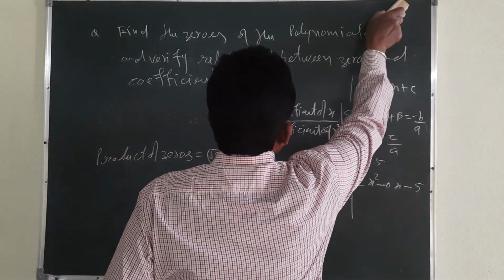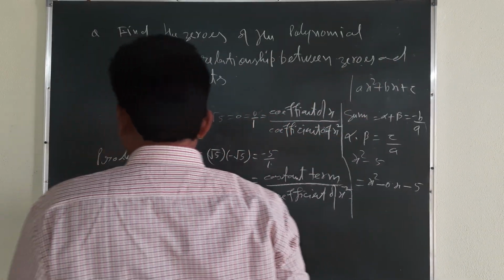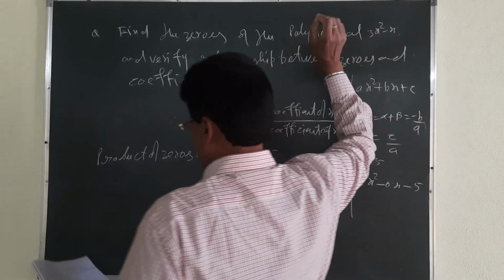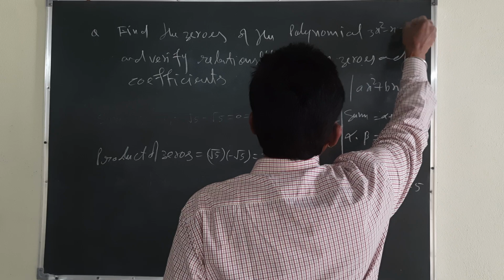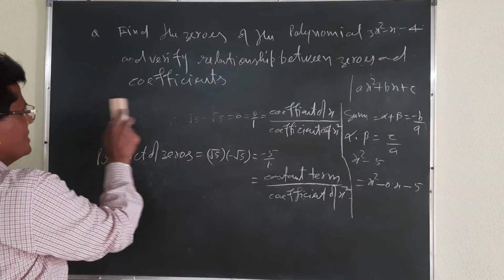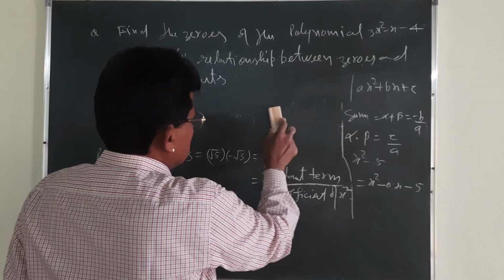Suppose I am taking a polynomial 3x square minus x minus 4. This is the polynomial. Find the zeros of it. You will have to find out first of all the zeros of the polynomial.